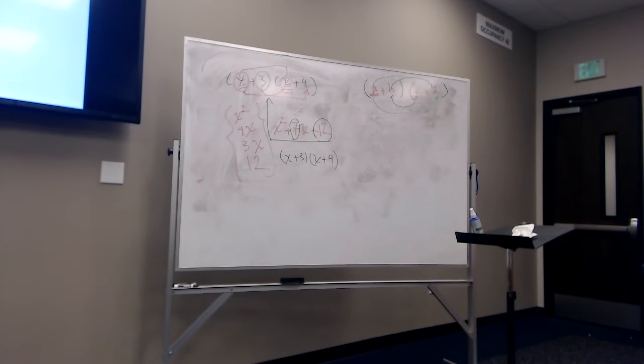So when we have x squared, we know we need 2 parentheses, we need x and x. Now, what you want is 2 numbers that when you multiply, you get c. When you add them, you get b. That's basically the whole idea. Example 3, at the bottom of that page.